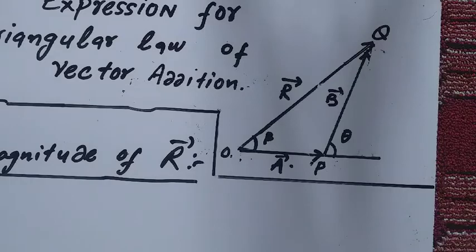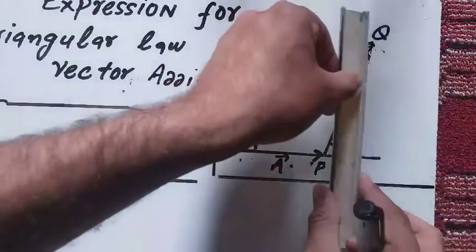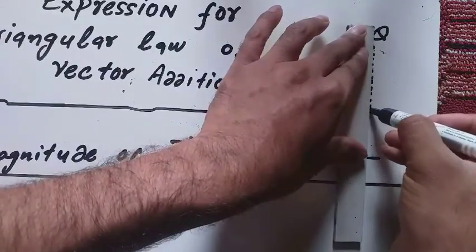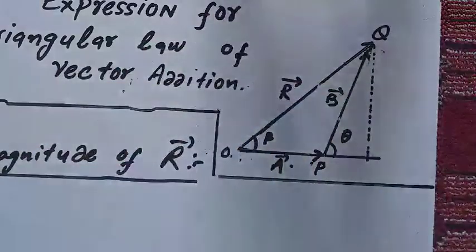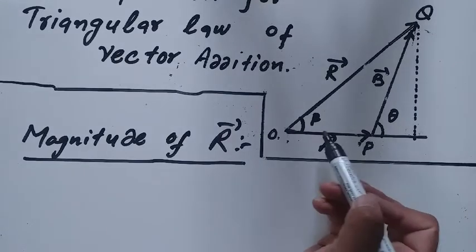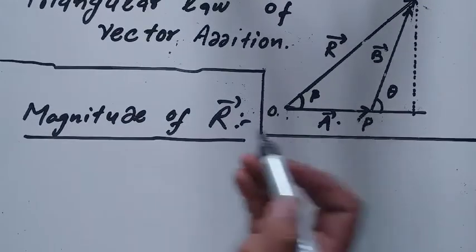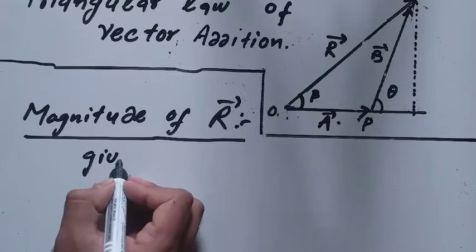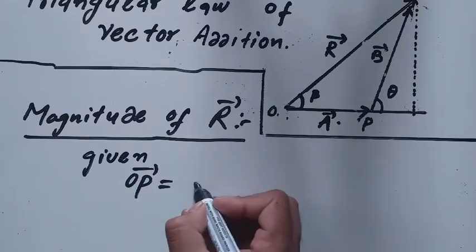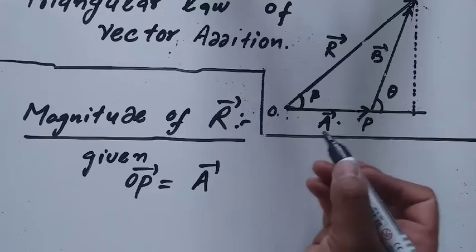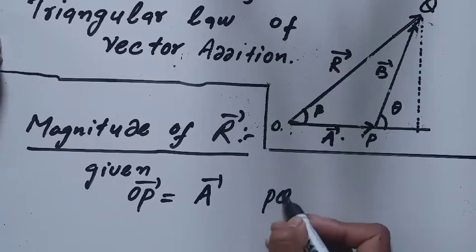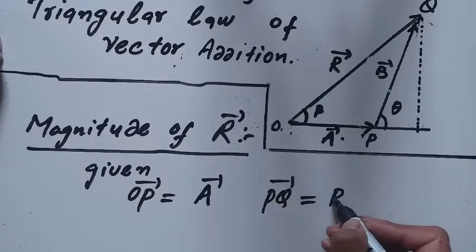For that, let me first draw the perpendicular in order to make this right angled triangle, which will help us in dealing with this situation. Now I can write, as we know from the figure, you can see this OP vector is equal to this A. And this vector PQ is equal to B vector.